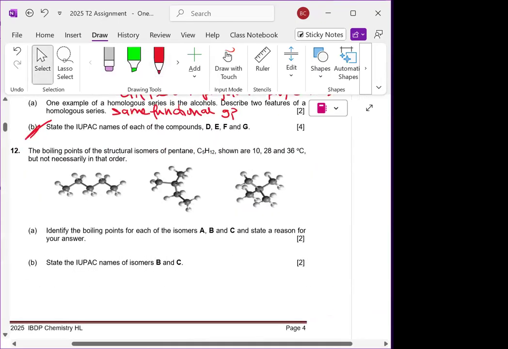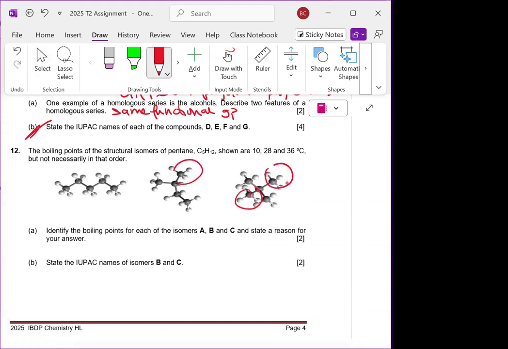Now, next, we have isomer C5H12, straight chain, 1 branch, 2 branches. Okay, so more extensive branching. So the boiling point for each isomer, they are saying that it's going to be 10, 28, 36. So the longer straight chain should be the 36. 1 branch will be 28.